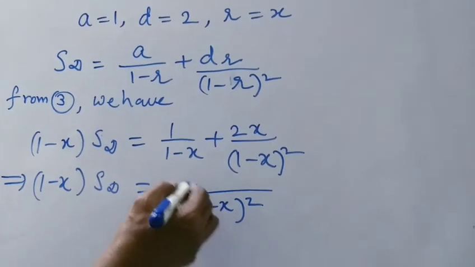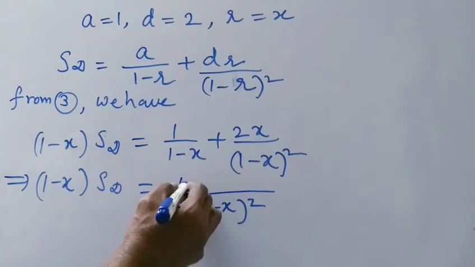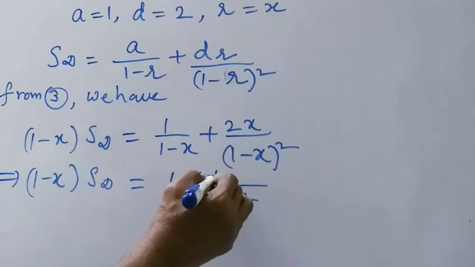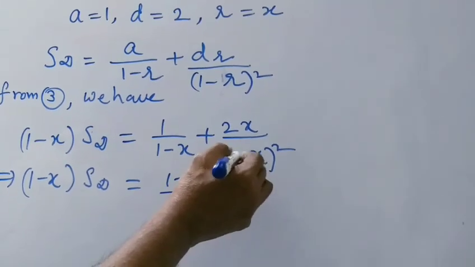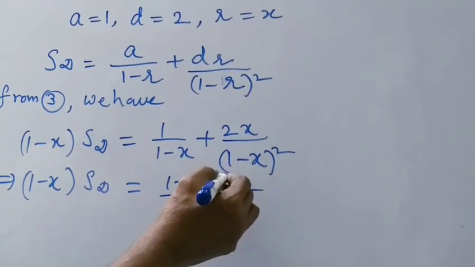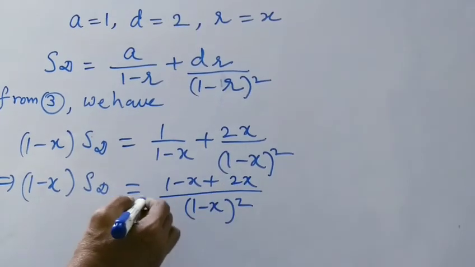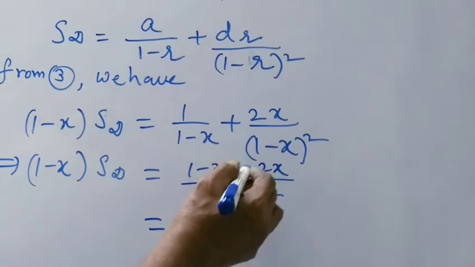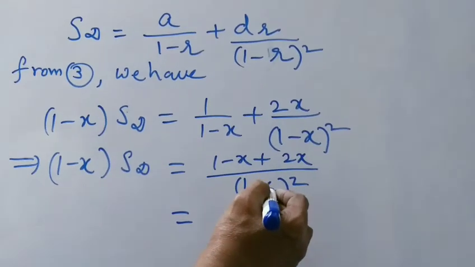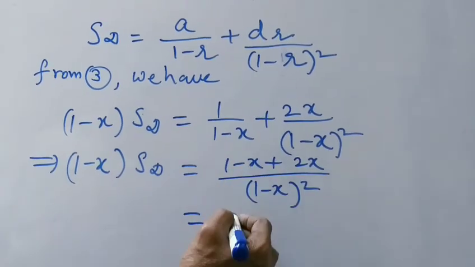Dividing 1 minus x by 1 minus x, it becomes 1 minus x. Plus, dividing (1 minus x) square by (1 minus x) square, the denominator becomes 1, and 1 into 2x is 2x. So this is equal to 1 minus x plus 2x by (1 minus x) whole square, and 2x minus x becomes plus x.